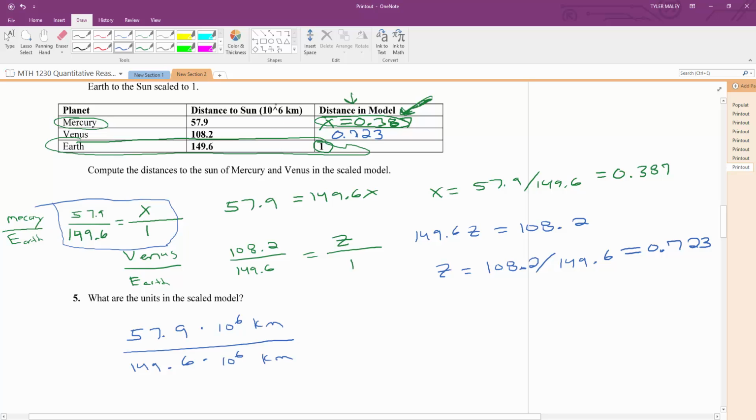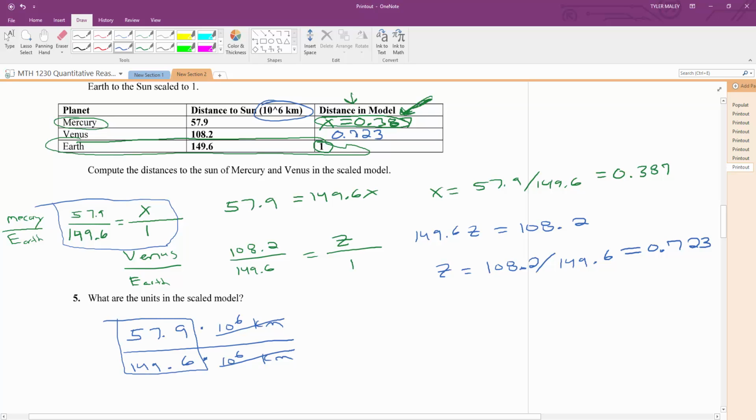That's the unit that we're in, 10 to the 6 kilometers, so a million kilometers. When I divide, these things cancel each other out. The 10 to the 6 divided by 10 to the 6 is just 1, and the units cancel. So I'm left with just this, without any units.